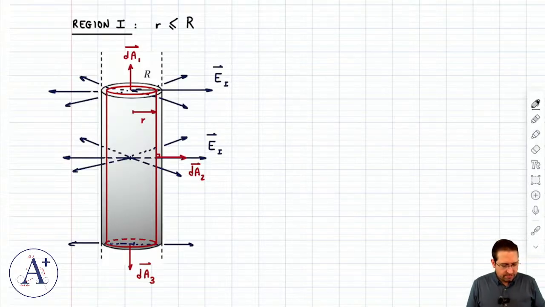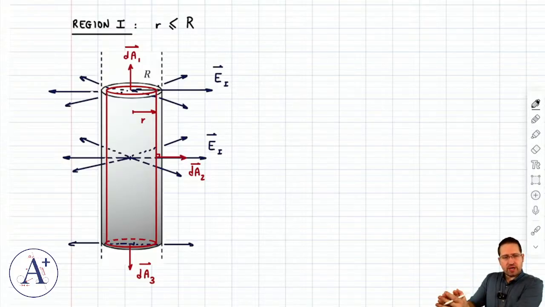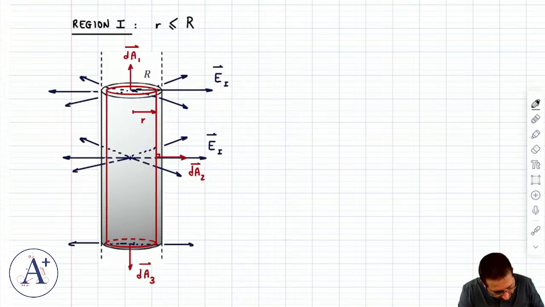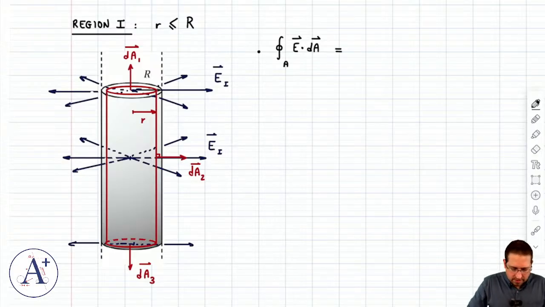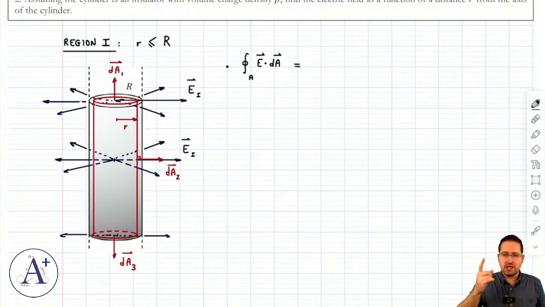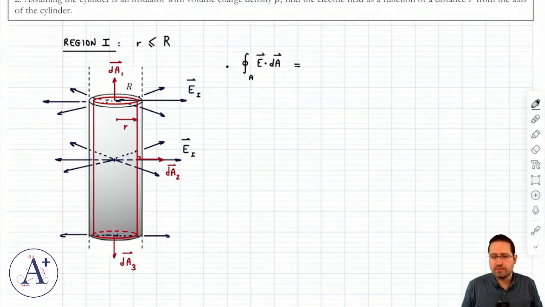Okay, so I want to evaluate flux on the one hand, and then I'm going to equate it to Q enclosed over epsilon naught. Okay? So let's start with flux. The flux over the closed cylinder, so the integral of E dot dA over the closed cylinder, is going to be equal to, well, I need to break this up into 3 integrals, the top, the bottom, and the cylindrical wall. Each one of those is not a closed surface, right?